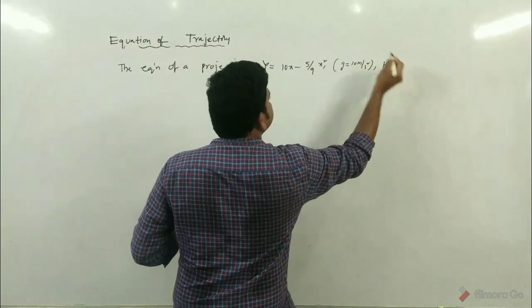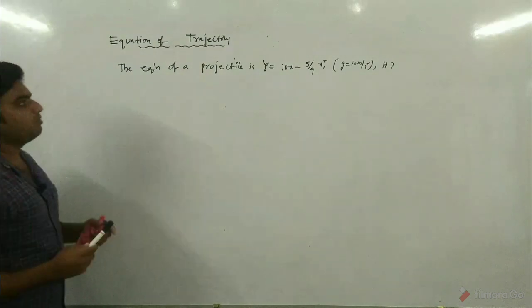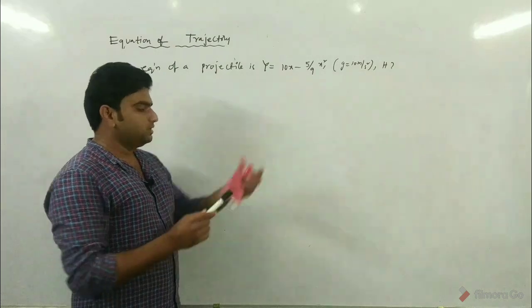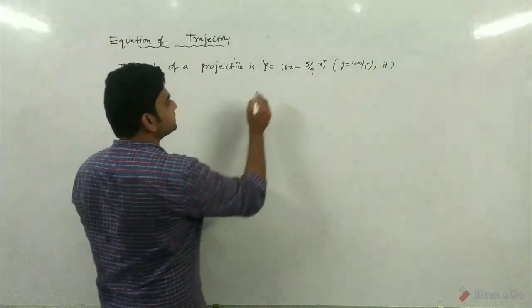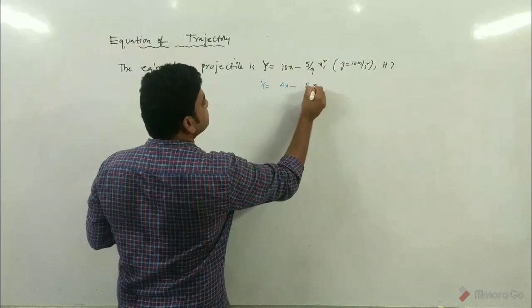Find the h value, it is asking, what is the maximum height. So for this kind of problem, this format is like y equals ax minus bx square.